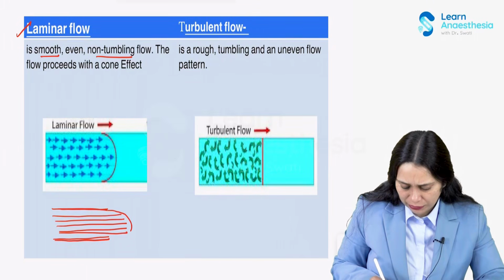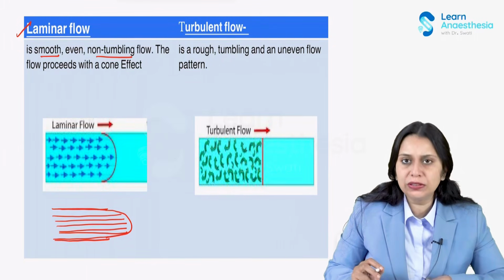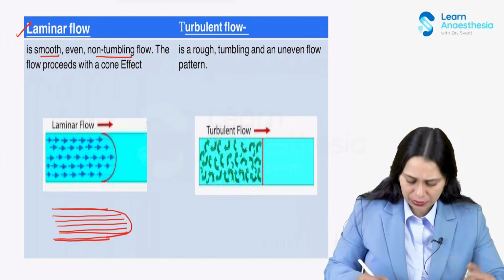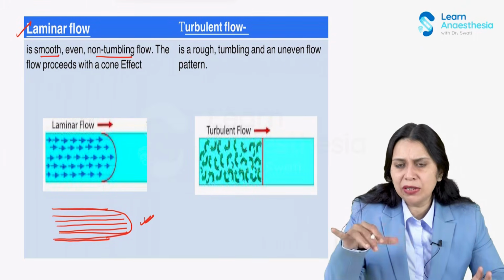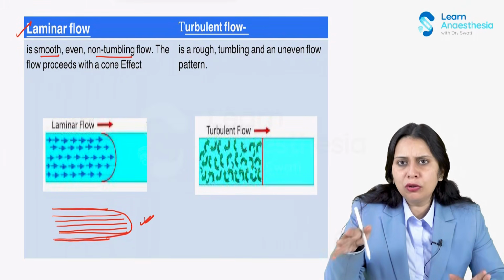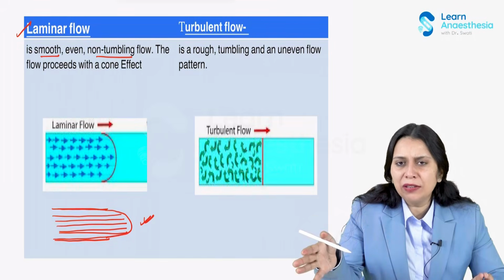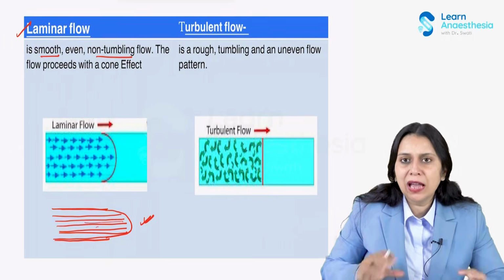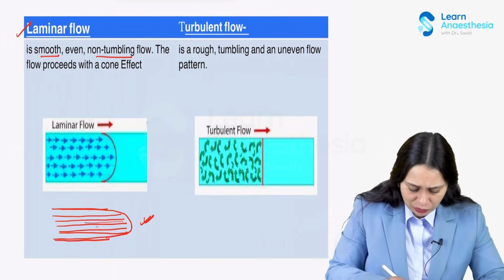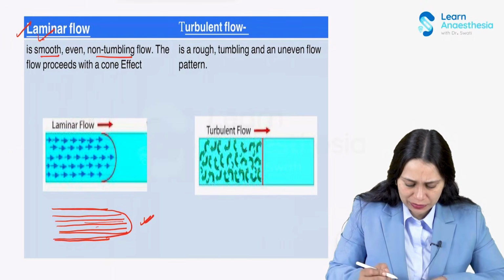So it's called conical flow. It produces a cone effect. So even before the total flow reaches the alveoli, the mid part of the gas has reached the alveoli. So laminar flow is always what is preferred.